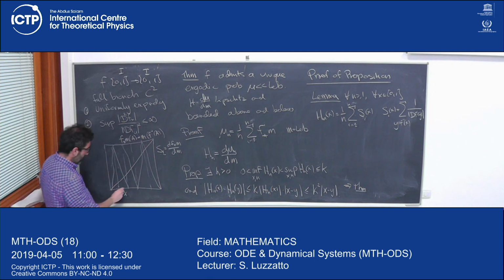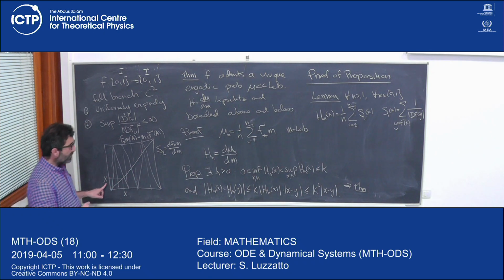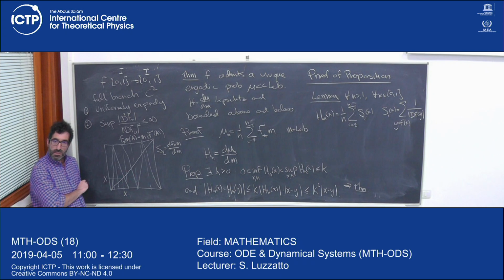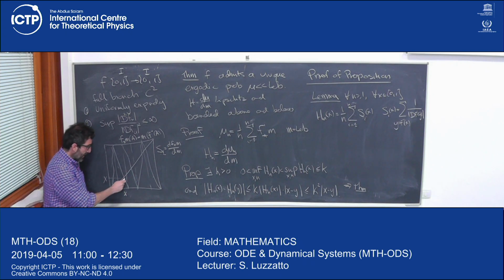I claim that the way to calculate the value of this density is exactly by looking at all the pre-images. So x has a pre-image here, it has a pre-image here, it has one pre-image in each branch, right? Remember, this is the structure of full branch maps, that each point has exactly one pre-image inside each branch.